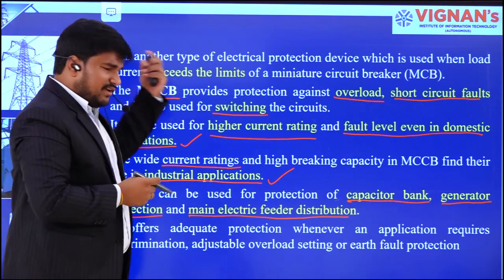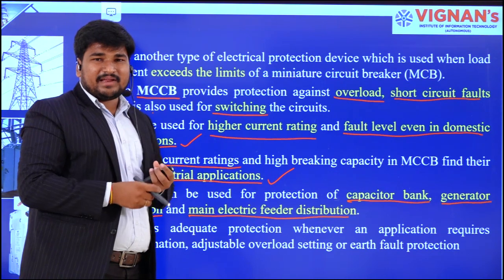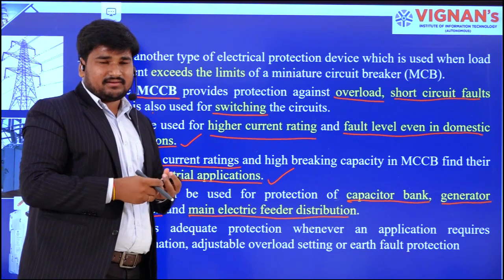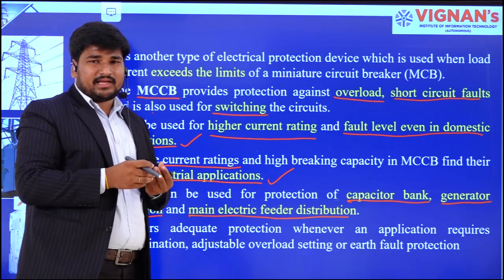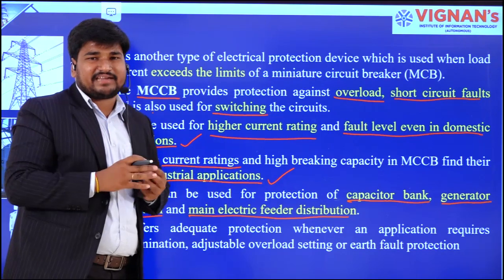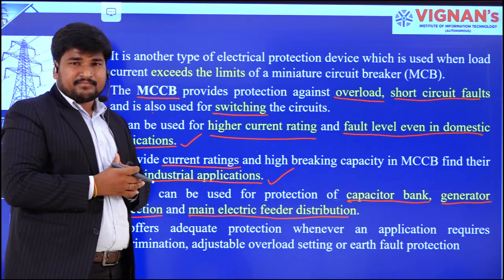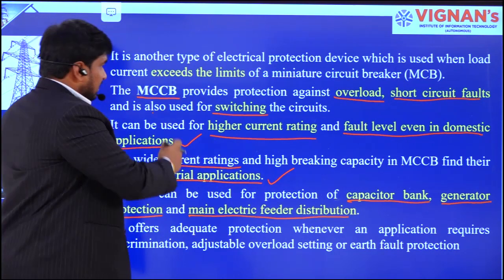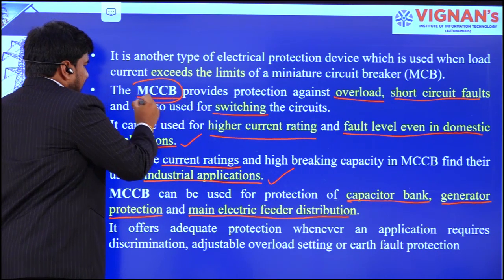So previously for transmission networks we have seen air blast circuit breakers, oil circuit breakers, SF6 circuit breakers, and vacuum circuit breakers as well, for different levels of transmission. But in case of distribution, the MCCB will be useful for feeder protection.